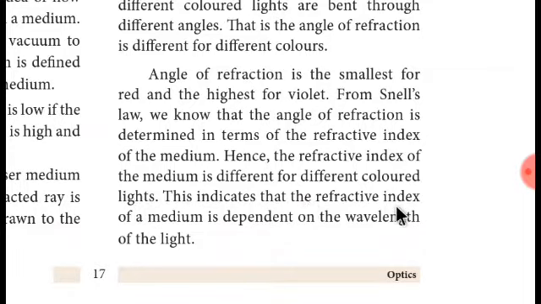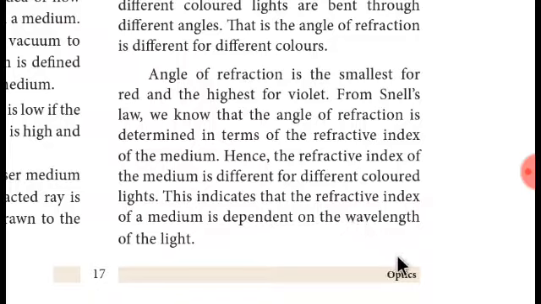This indicates that the refractive index of a medium is dependent on the wavelength of light. Light is a form of energy and light is a wave. A wave has wavelength, lambda, so light also has a wavelength. Since different colors of light have different wavelengths, for different wavelengths there are different refractive indexes for the same medium.